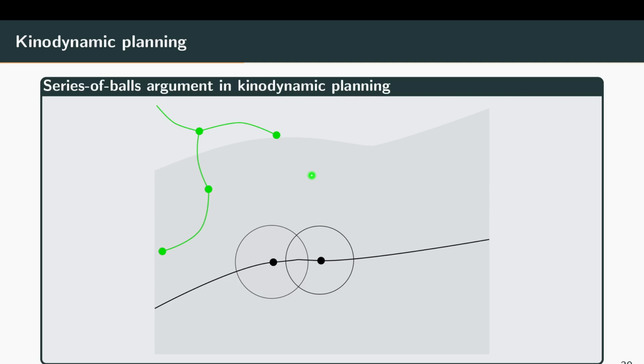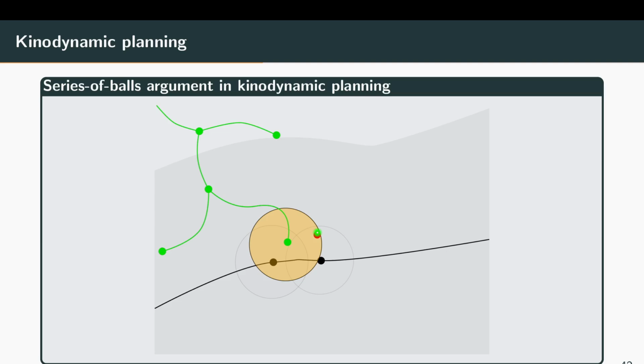Let's say at some point we reach, by the inductive assumption, one of the balls. Then we have to show that we can also go to the next one.